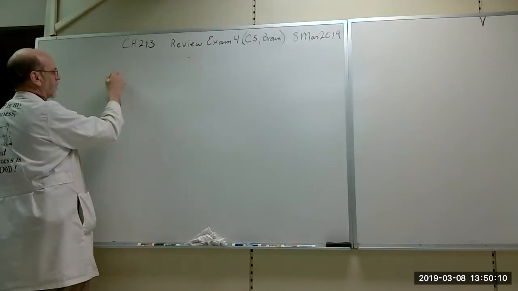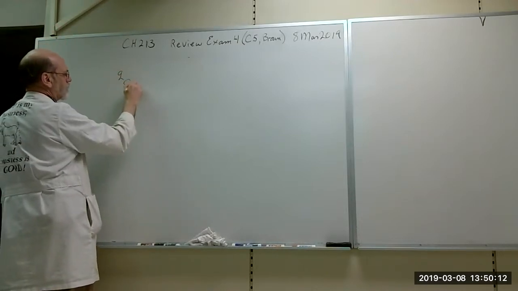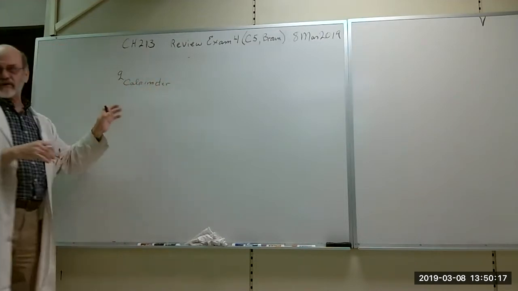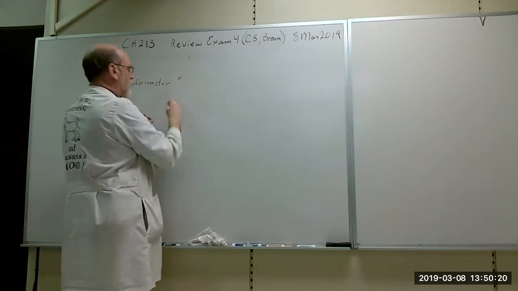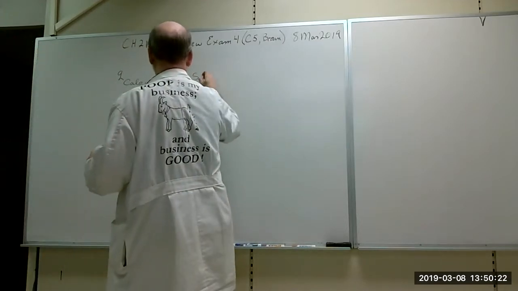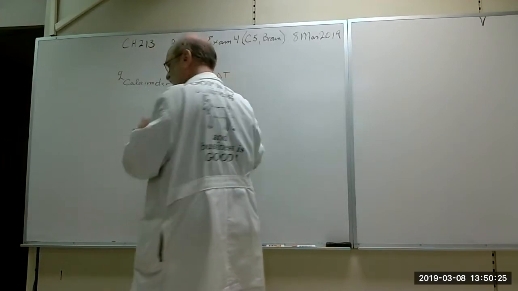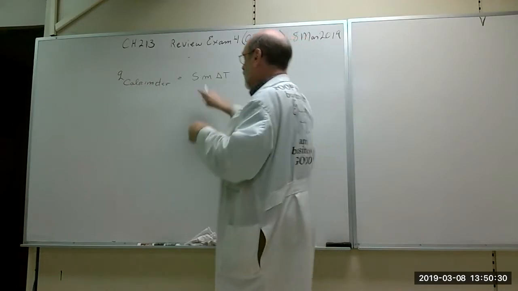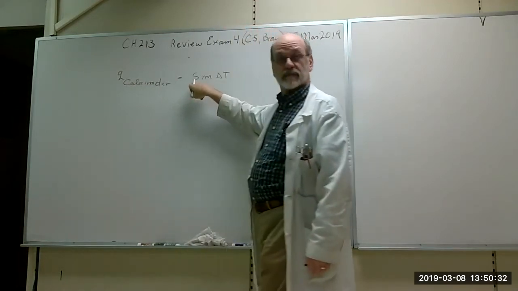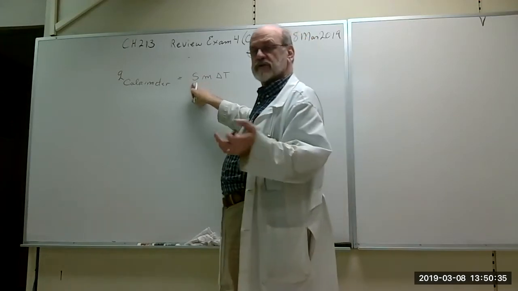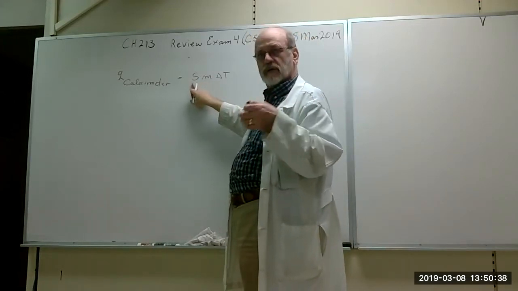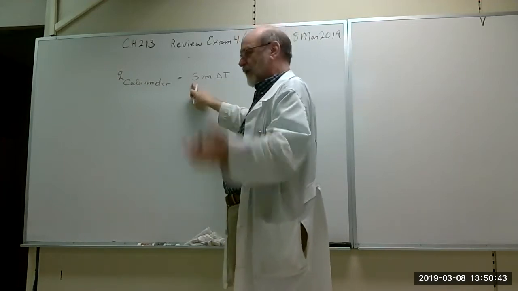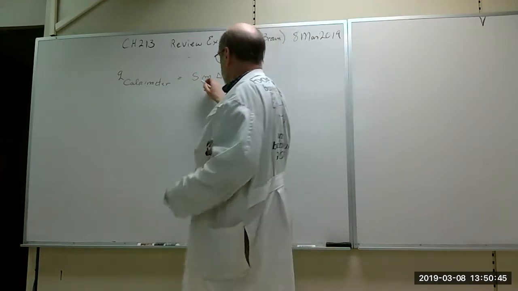If we had the Q associated with the calorimeter, we would have that expression, but we don't know what that is, because the thermometers would be different. They're not that uniform. Then a different wire, and then a different cup.